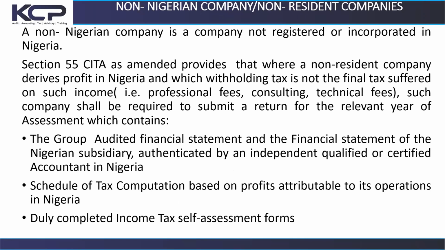All right, with regards to non-Nigerian companies and non-resident companies, how will this set of organizations or institutions be able to file their returns? I need to make clarity in this regard: for the purpose of ascertaining the tax due, or the CIT due for any incorporated entity, there are 4 provisions in the tax law, any of which the tax authority may decide to explore.